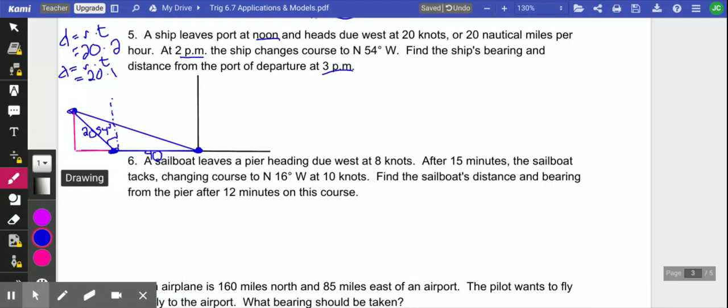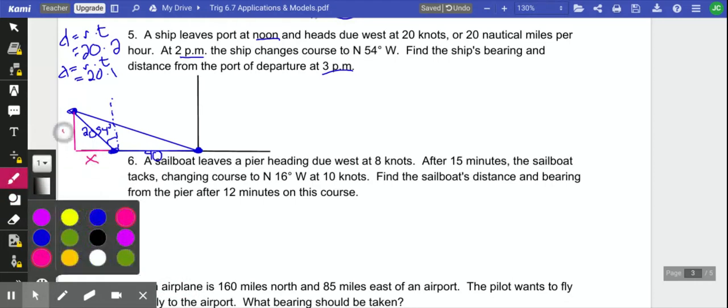And then we'll call this one x and this one y, and we are trying to find z. That's our goal. Okay, and from that, we can also figure out this angle here. If that's 54 up there, that makes this angle, I think, 36. Okay, so now that we know that, 36, there it is.